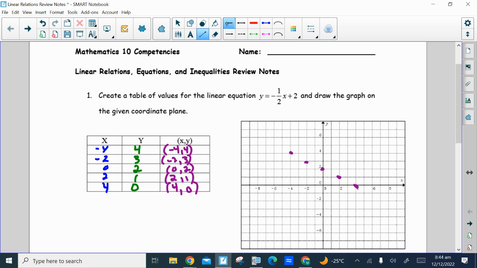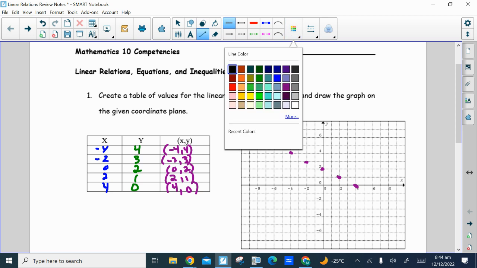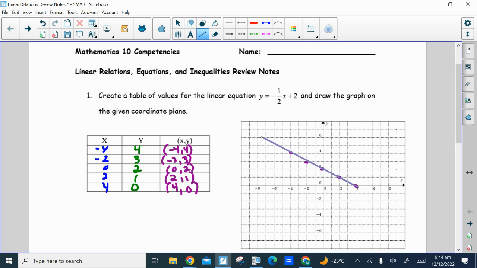So we can draw our line. It'll look something like this. Right? This line has a negative slope because as you go left to right, the line is falling.